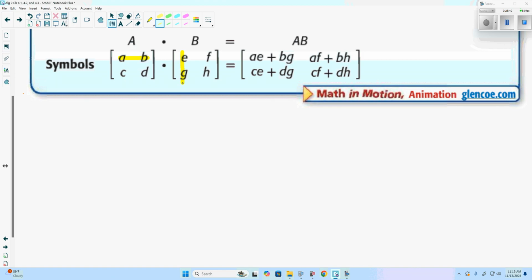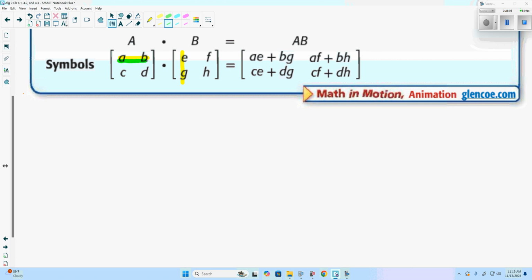We're multiplying over and down, and the corresponding elements multiply together, and then we add those multiplications together. So we have A times E plus B times G. If there was an element after B in the first matrix, we would multiply it by the element below G.